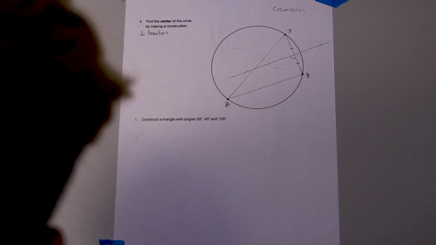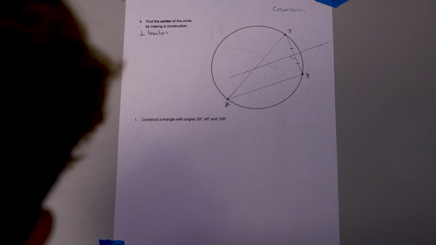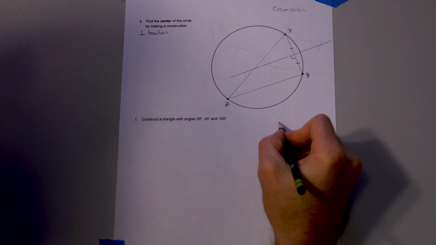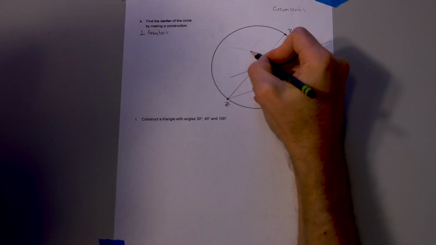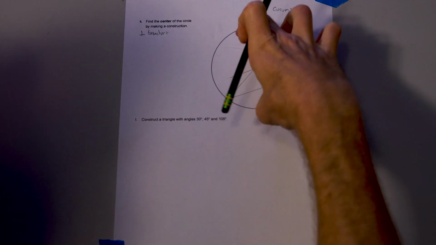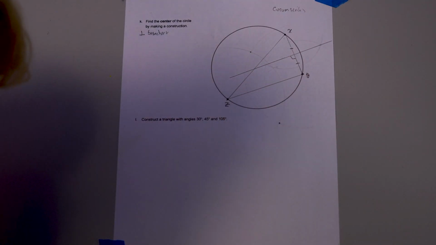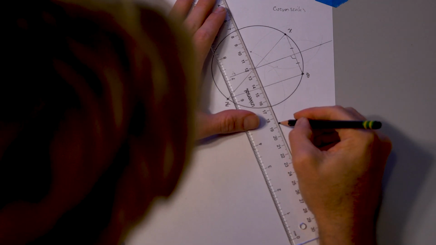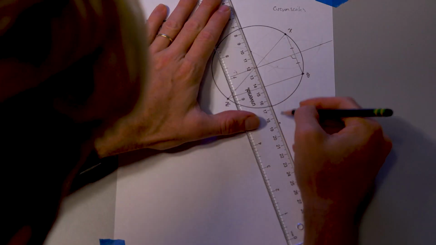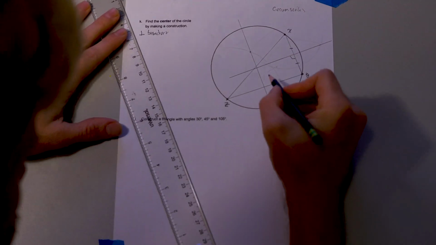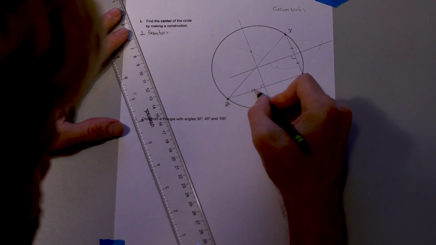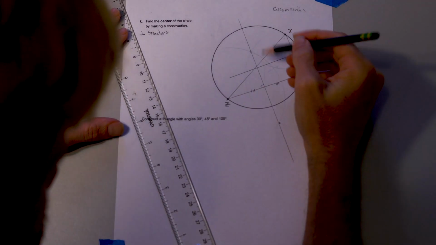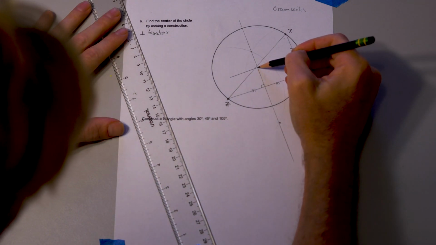Alright, so I have a point here and here where the arcs intersect above and below the segment, and line it up there. This is the perpendicular bisector here. So it looks like here's our intersection.